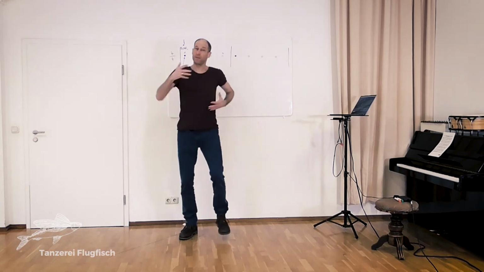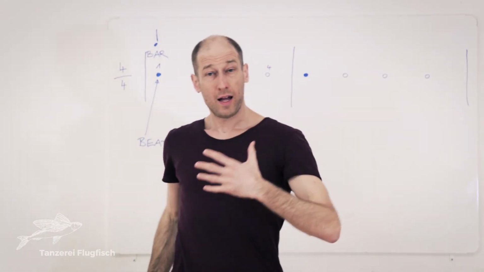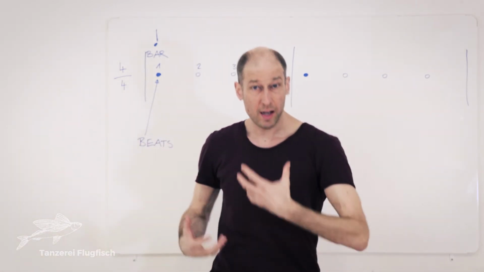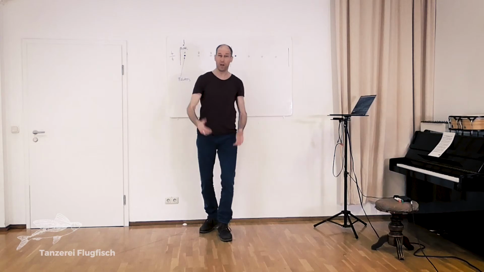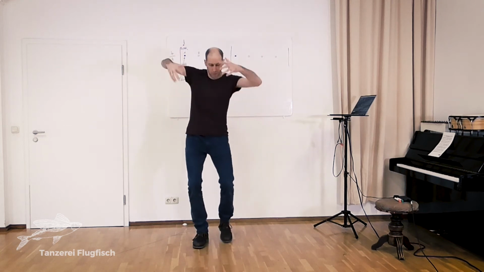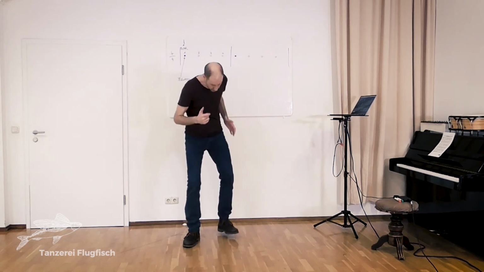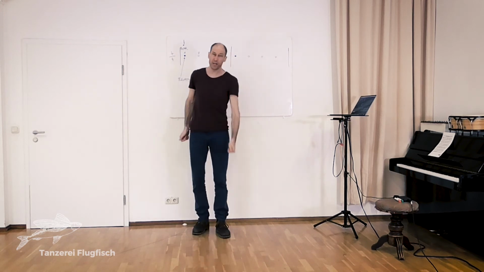This would be the beat. And now I need to identify the most heavy beat. I need to try and find the one. And it will be right here. Boom. Boom. And then I can go counting. 1, 2, 3, 4. 1, 2, 3, 4. 1, 2, 3, 4.